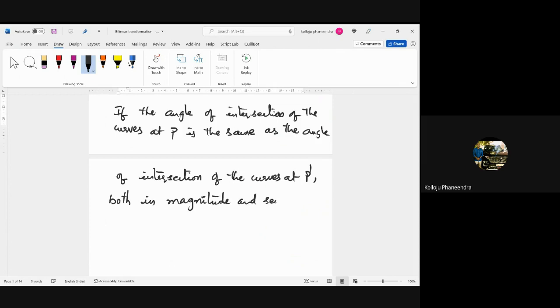What is the meaning of this? If angle at P is, for example, 30 degrees, at P dash also 30 degrees, and sense means rotation of the curves anti-clockwise, angle rotation in anti-clockwise direction, that is called sense.